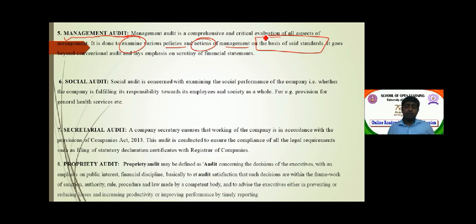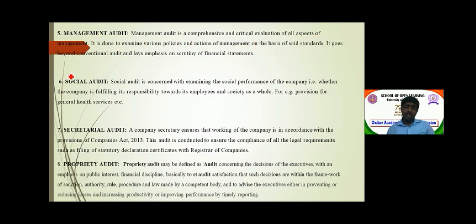Now, talking further about management audit, we can say that it goes beyond the conventional audit, whereby only the accounts and financial statements are scrutinized or checked. Rather, we are going to check the management policies, management principles, management rules, and management ethics or practices, etc.